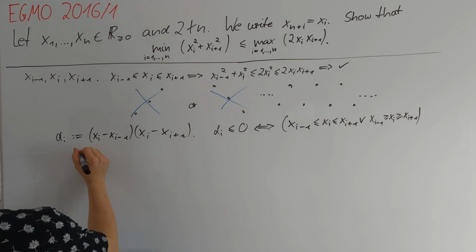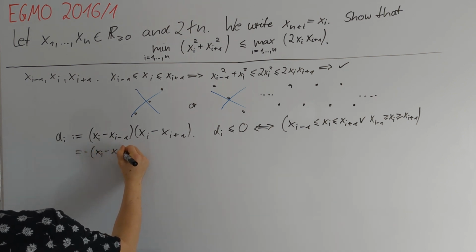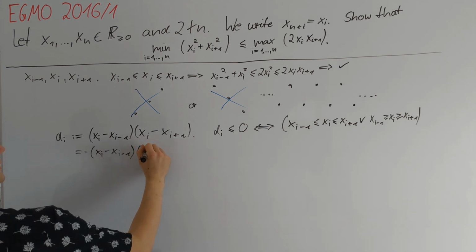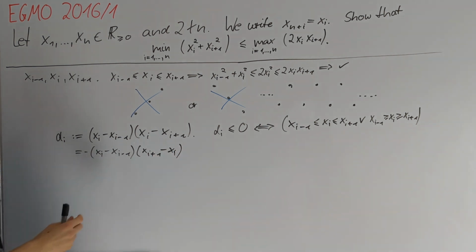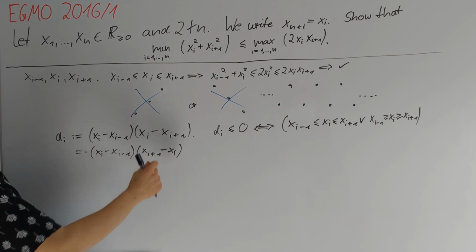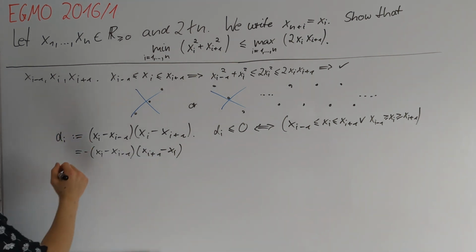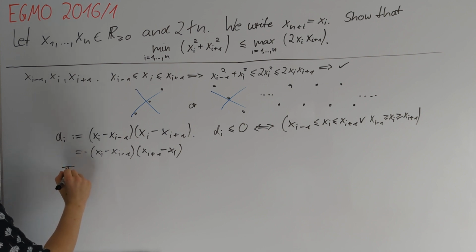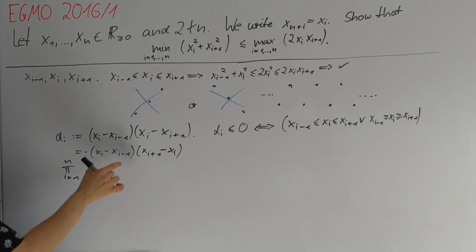Because d_i is equal to negative (x_{i-1} - x_i)(x_{i+1} - x_i), and we see that in this representation both of these terms are equal with an index shift by 1, we may notice that if we multiply all of these values d_i for i equal to 1 up to n, then we get each of those terms exactly twice and n minus 1 terms.